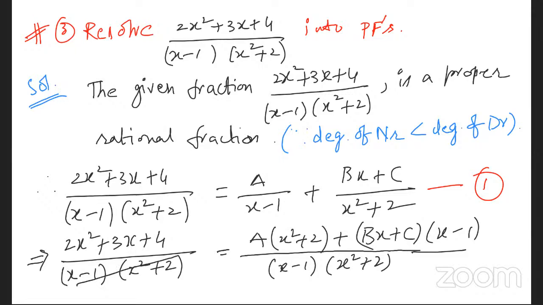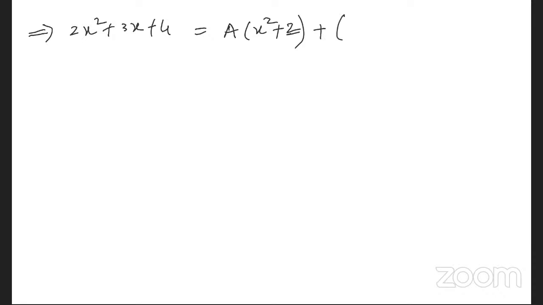So these two get cancelled, and what are we left with? 2x² + 3x + 4 is equal to A(x² + 2) + (Bx + C)(x - 1). So we'll consider this as equation 2.